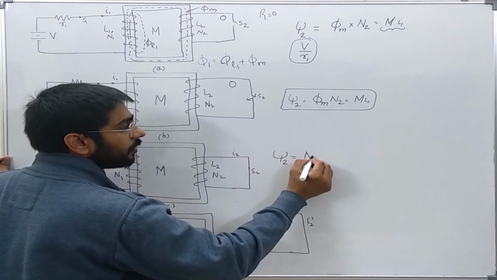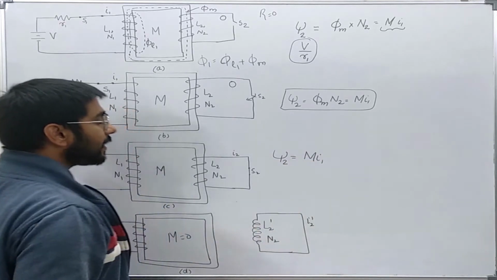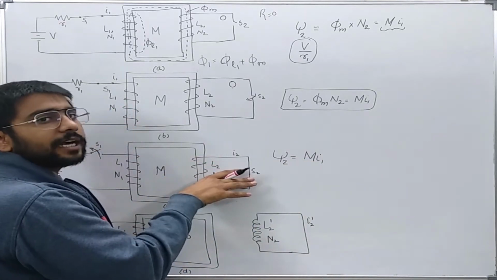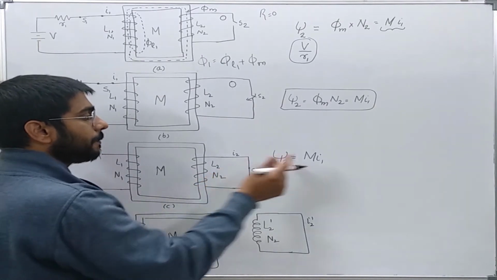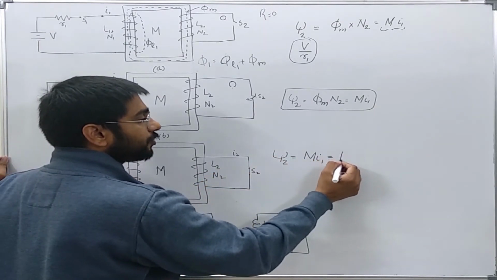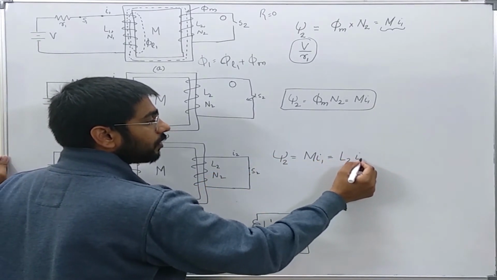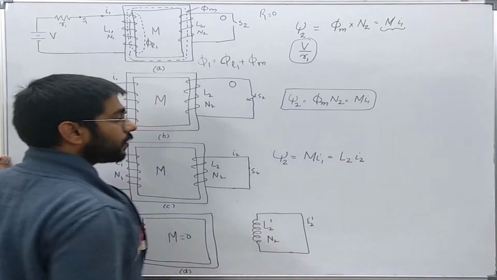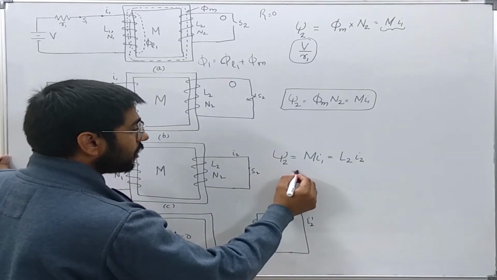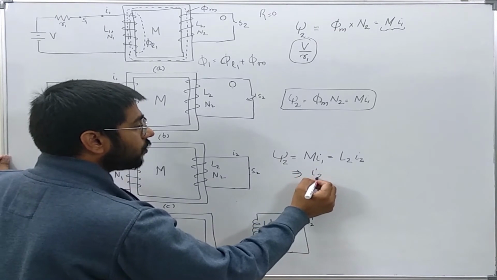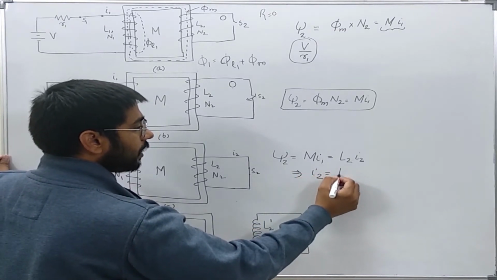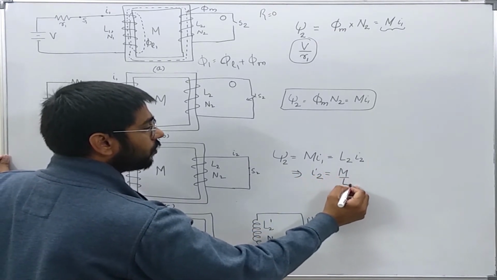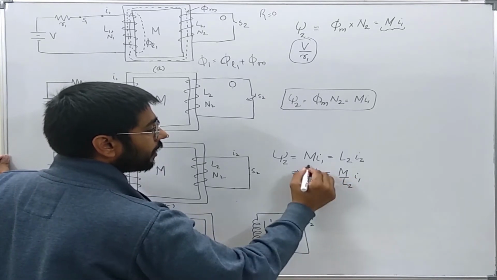It will be equal to M I1, and let us say now some current starts to flow. Okay, so that should be equal to the total flux linkages. So it implies now the I2 will be equal to M over L2 into I1.